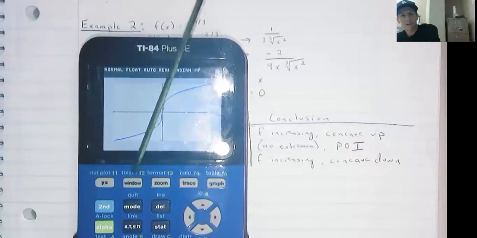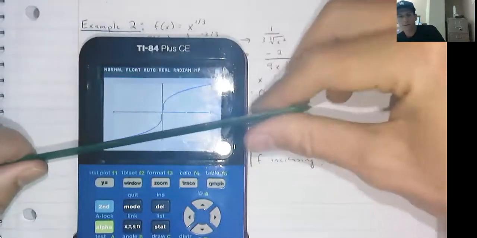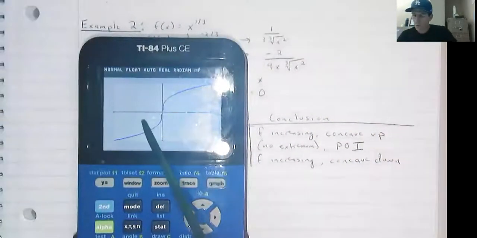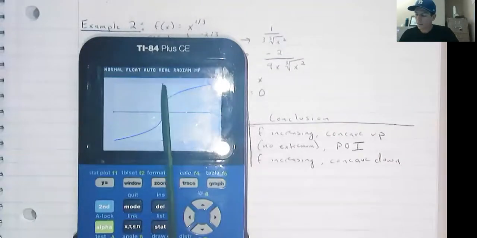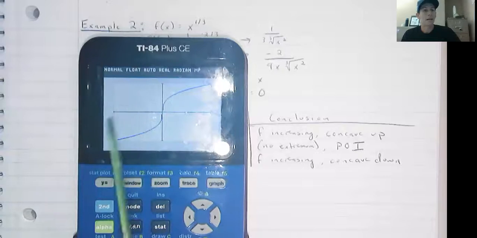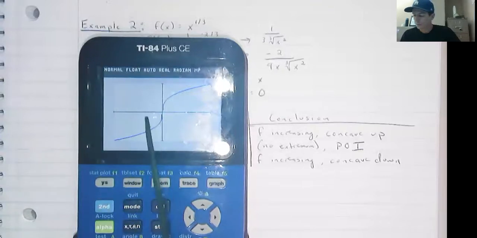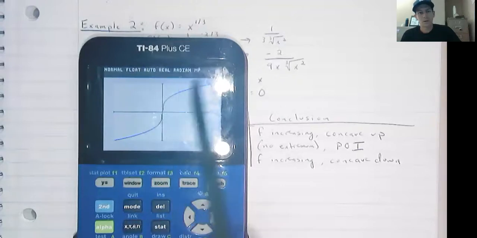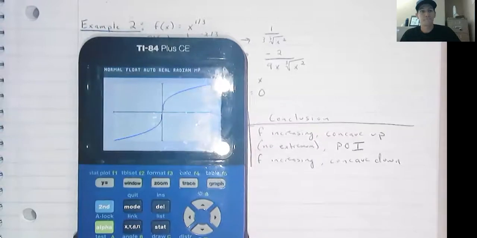But because we do have that change in rotation from counterclockwise, stalls out, clockwise, we've gone from concave up to concave down. There is a point of inflection at 0, 0. Even though there's not a maximum or a minimum, because clearly there's no maximum. It just kind of increases, it stalls out at that vertical tangent, and then it keeps increasing. Pretty cool.